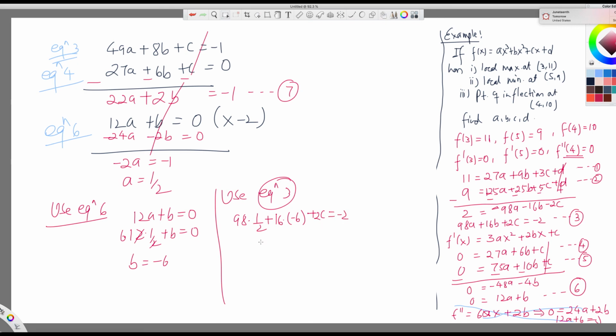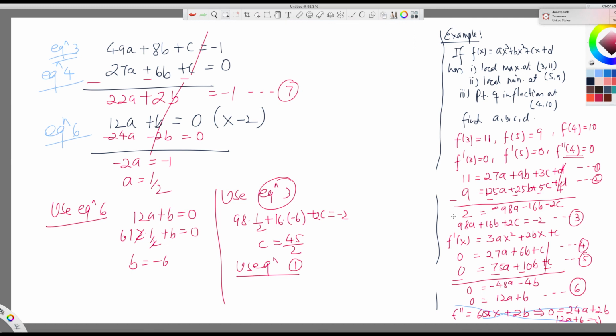If you simplify this, you will get c equals 45/2. You use the values of a, b and c in equation number 1 to find d, right? So you will get d equals negative 16.